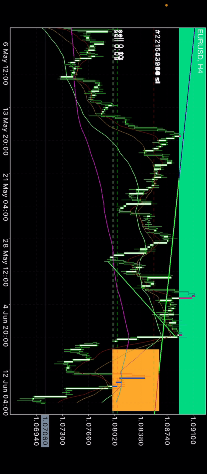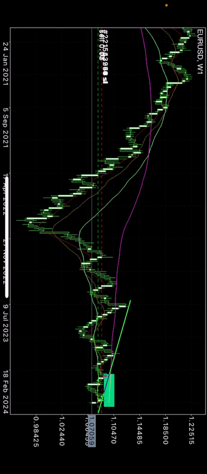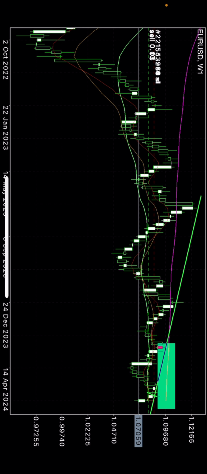So they help us to identify the impulse move. So the impulse move needs to break both previous structure and the EMAs, and then we enter at the retest and then just hold our positions, guys. So that is our simple but powerful supply and demand strategy, right?